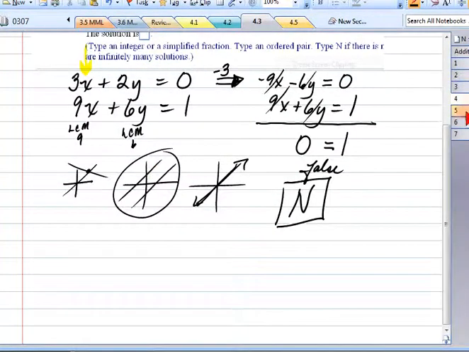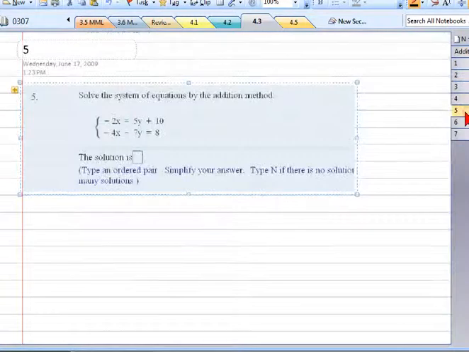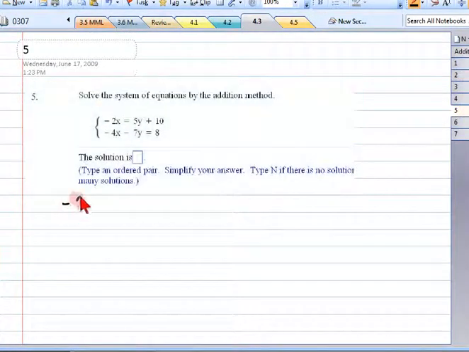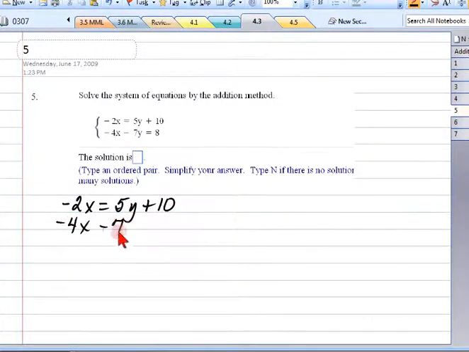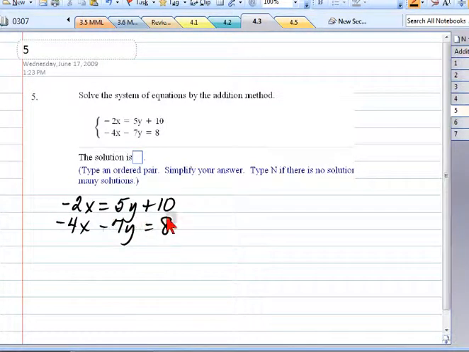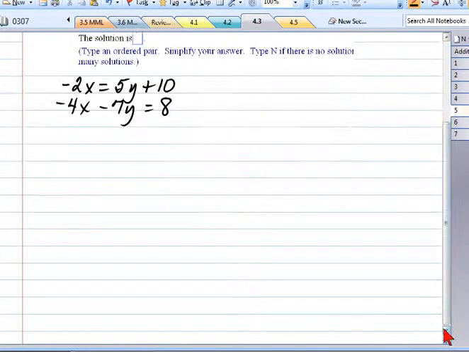Okay? Let's look at 5. Number 5 is negative 2x is equal to 5y plus 10, and negative 4x minus 7y is equal to 8. My x's line up, and then I say, oops.